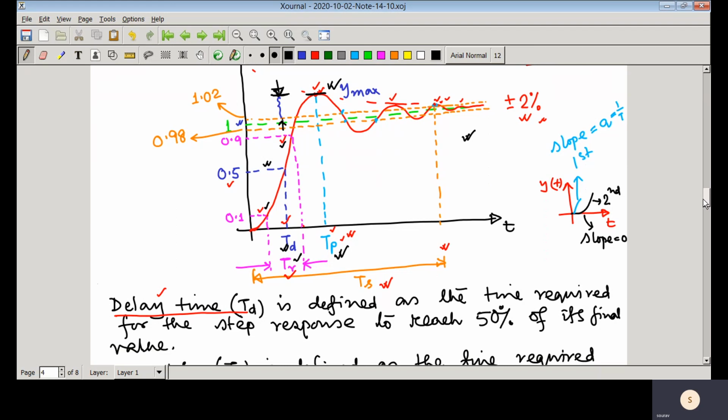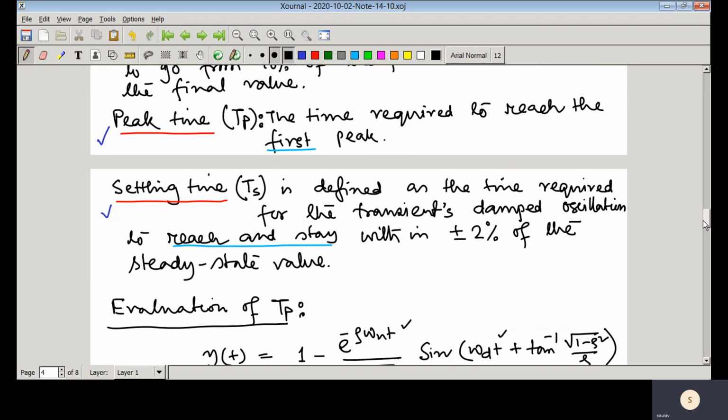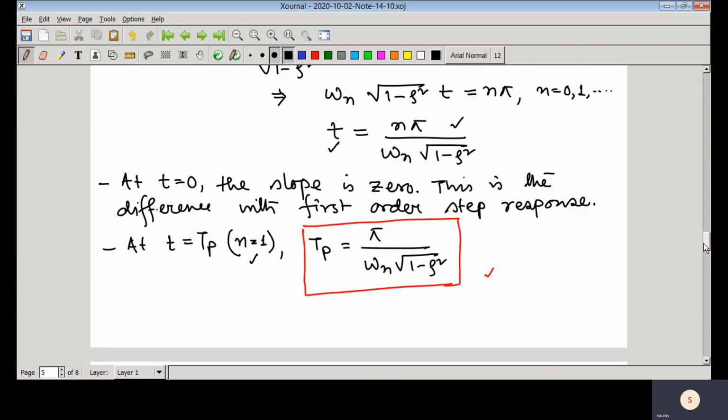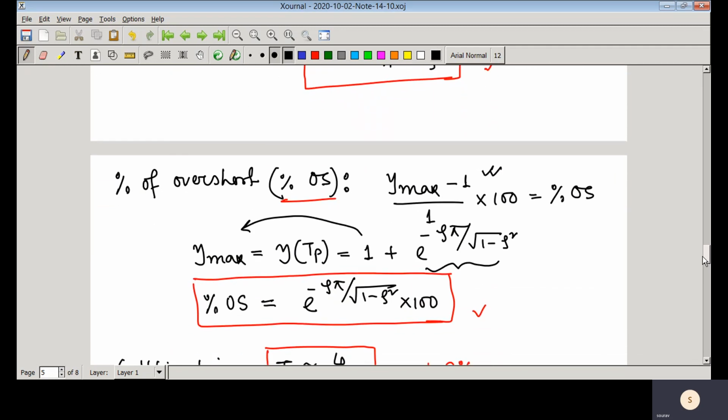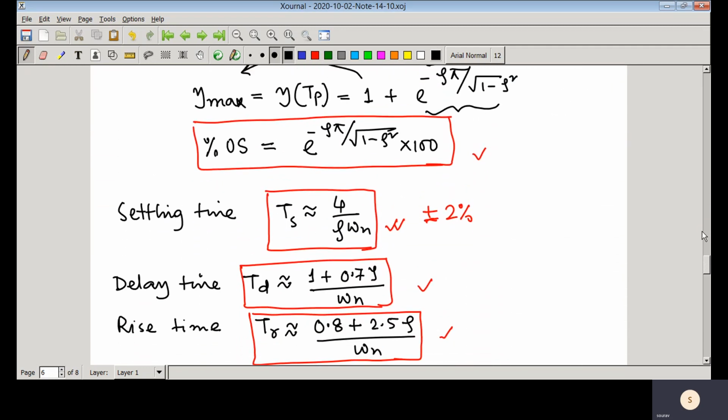And then we have concentrated on the second order underdamped response, and we have defined four different terms, that is the delay time, rise time, peak time, and settling time, and we have shown how to calculate those values. And also we have pointed out that for delay time and rise time, there is no explicit relationship with zeta, so we got those relationships just by getting some data points and fitting some curve to those data points.